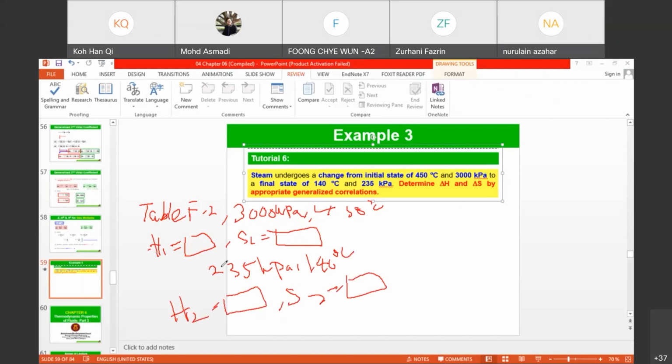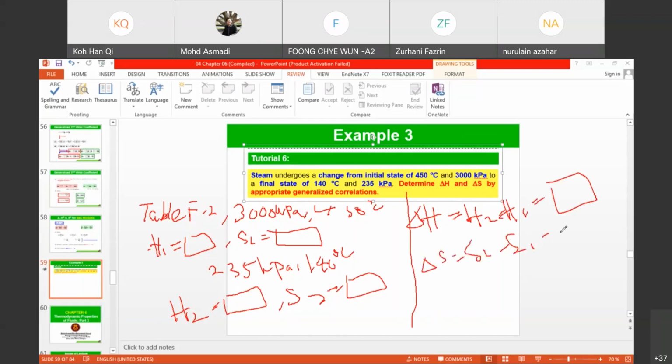Once you determine H1, H2, S1 and S2, delta HIG is equal to H2 minus H1, and delta S is equal to S2 minus S1. You can get the answer.